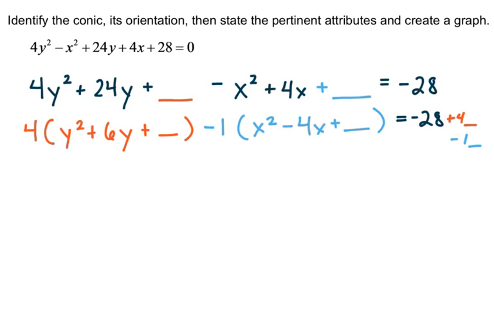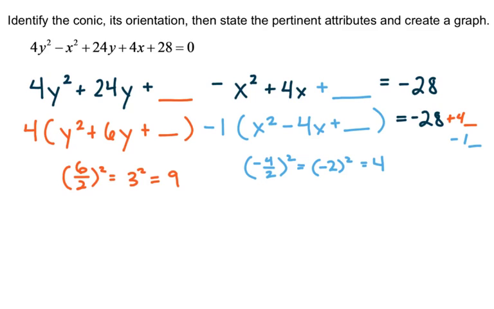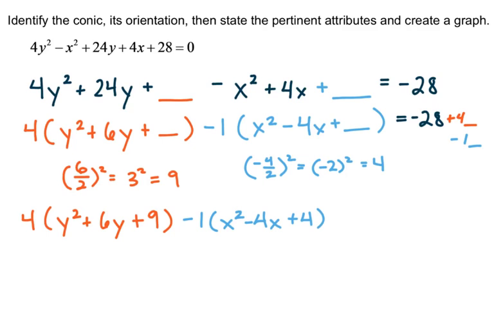So determining which number goes into each of these spaces, we say b divided by 2 quantity squared. Doing so, I have 4 times y squared plus 6y plus 9 minus 1 times x squared minus 4x plus 4, and that equals negative 28 plus 4 times 9 minus 1 times 4.